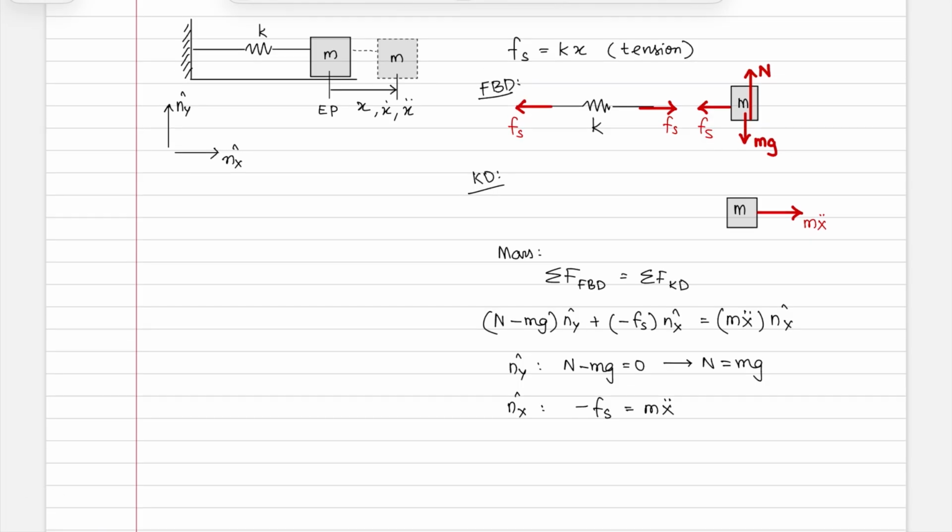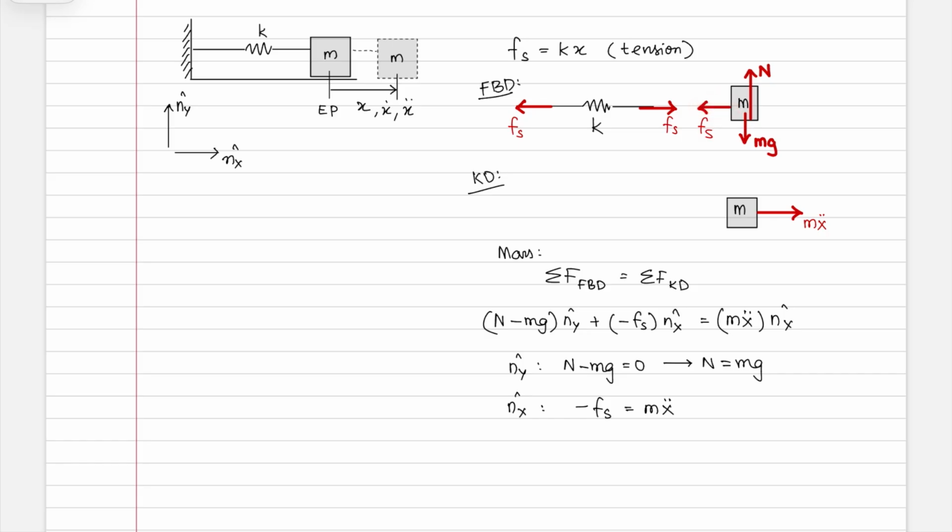But we already defined what the value of Fs is. When you're writing this down, you are generally defining a positive quantity, or at least you assume that it's a positive quantity. Because this is positive for x increasing, it is in tension. So based on the directions, you have minus Fs is equal to this.